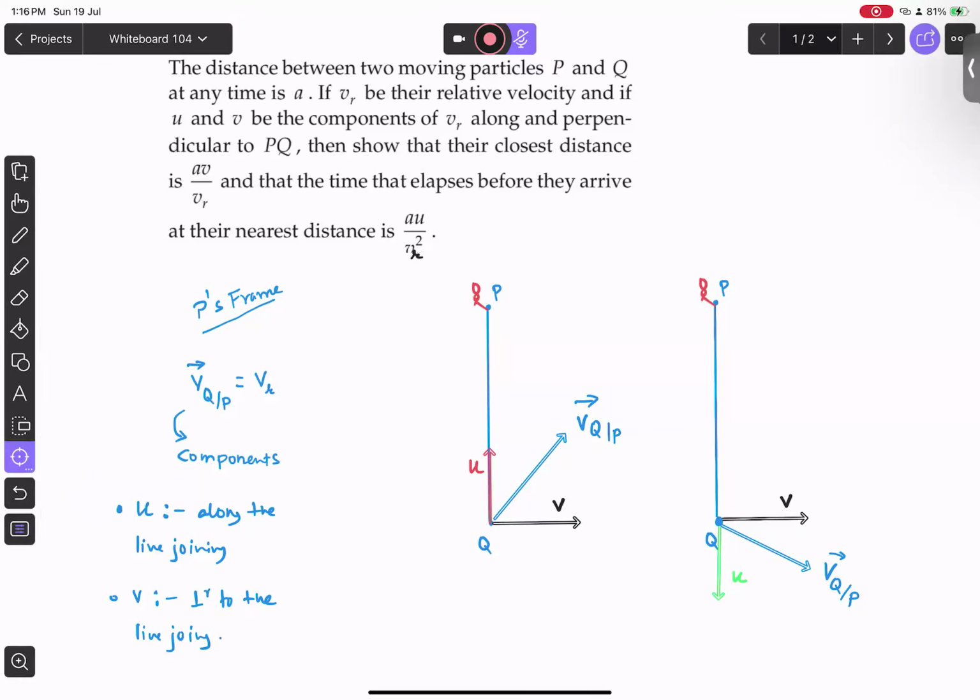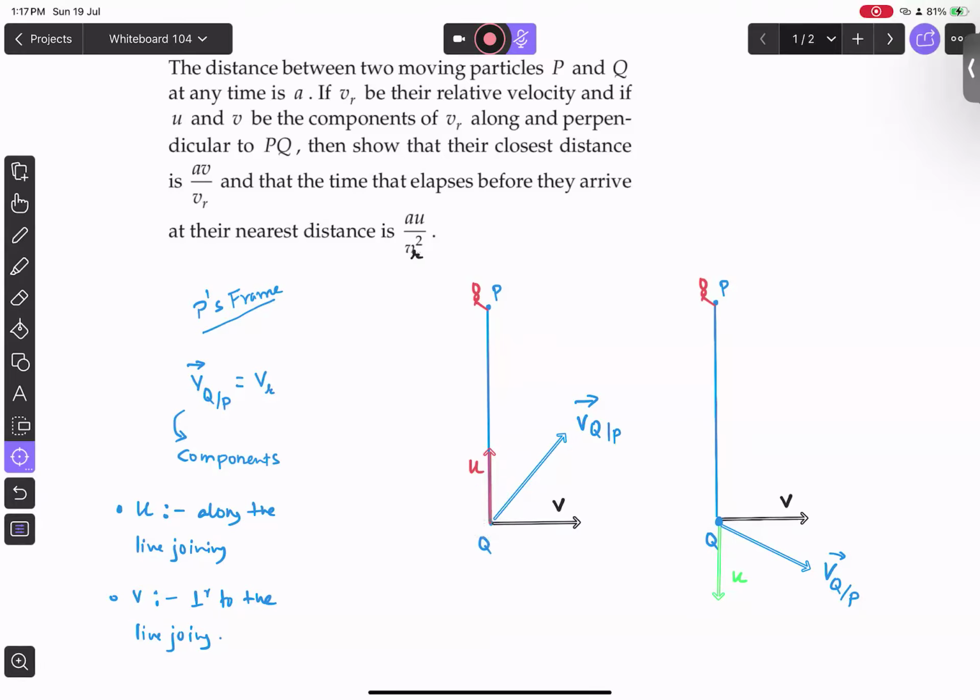Only then does asking such a question make sense. They did not tell us in what direction the component u is, whether towards p or away from p. From the context, we understand that it must be towards p. Otherwise, asking to find the minimum separation makes no sense.